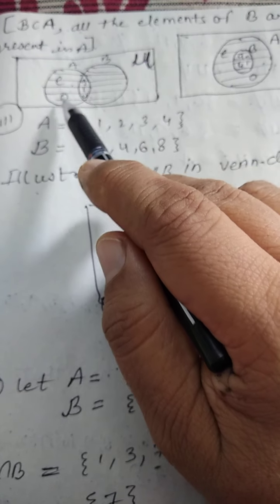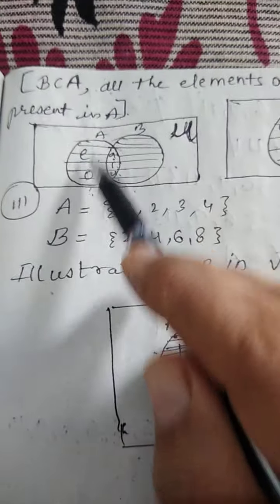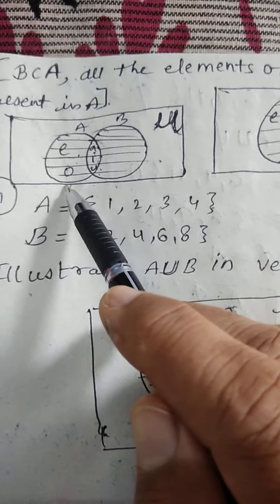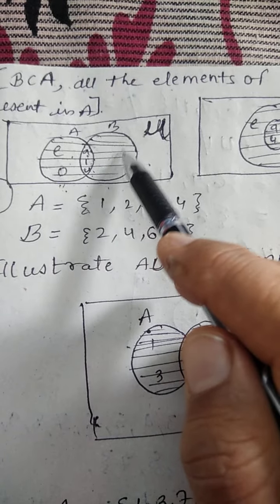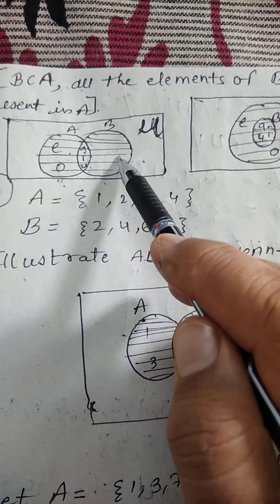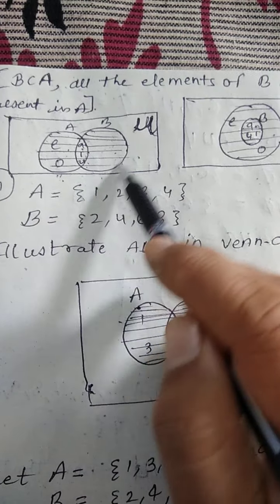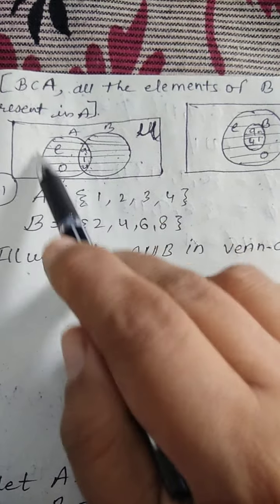E and O. They are present in A, so we have to write here. No other elements are present in B other than common elements. So here no other elements will be there. Now you shade it. This full is union, combining all the elements.